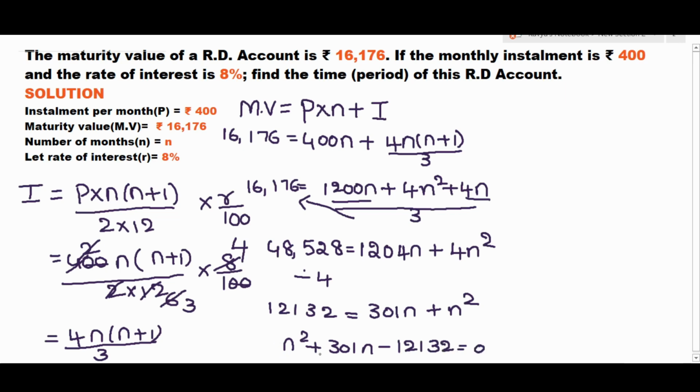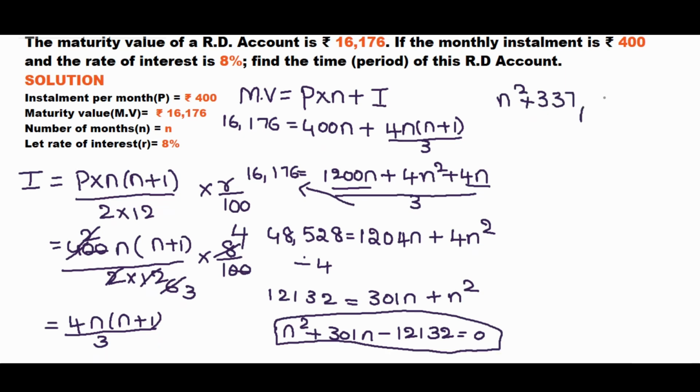This is a quadratic equation. Now let's go for the factorization method. The factors are 337 and 36. So I'll write n square plus 337n minus 36n minus 12132 equals 0.